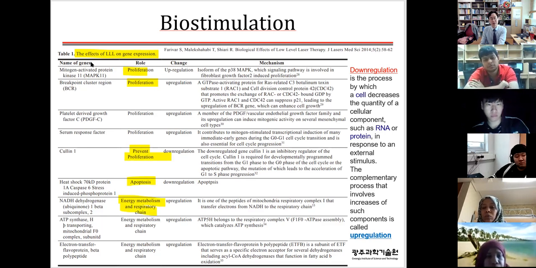So as you can see, the effects of the laser or low-level light are actually in a wide range, also depending on the wavelength and the light energy, the dose.